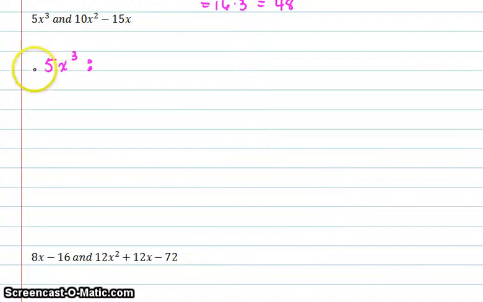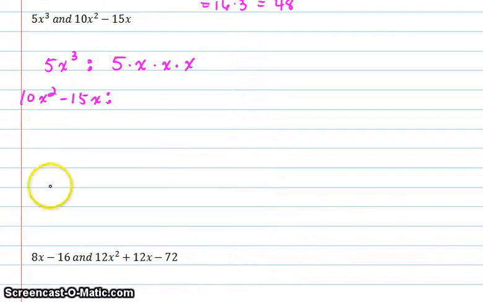So the number 5 is a factor here, and then I have x 3 times, so x times x times x. And then in 10x squared minus 15x, I can factor out, let's see, they both have a factor of 5 and a factor of x.